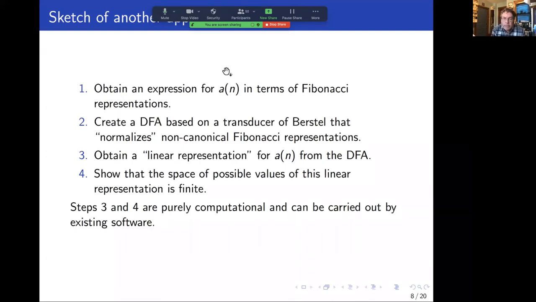And from this, we can find a linear representation for A of n, so an expression in terms of matrices, and then we just show that the space of possible values of this linear representation is finite, and in fact, is just -1, 0, and 1. And the point is that a lot of this is just purely computational. That is, it doesn't require any thought at all.